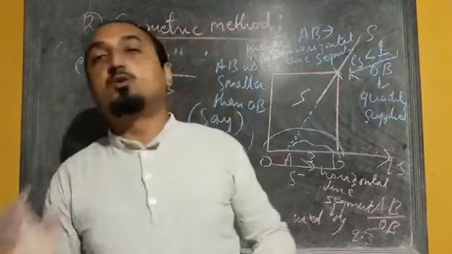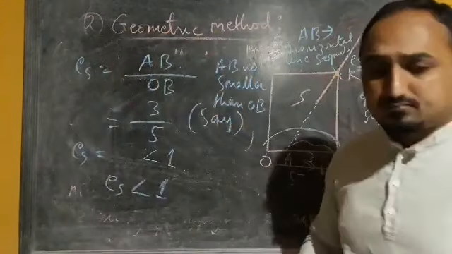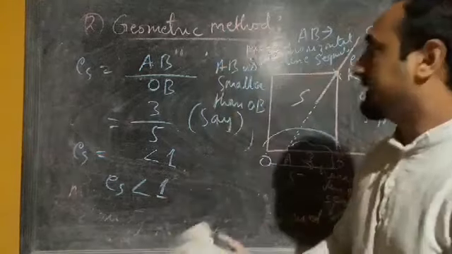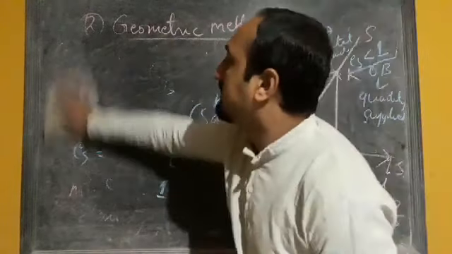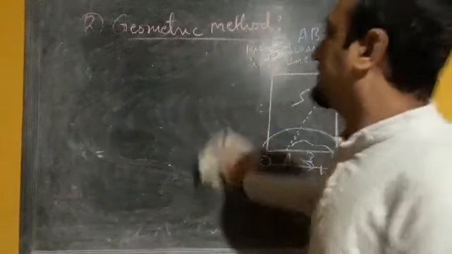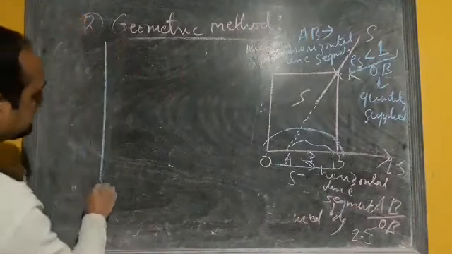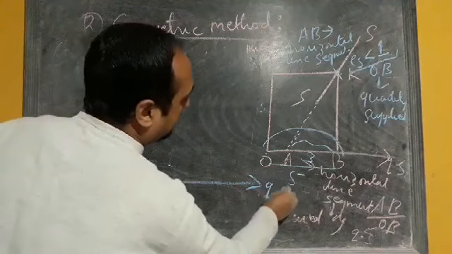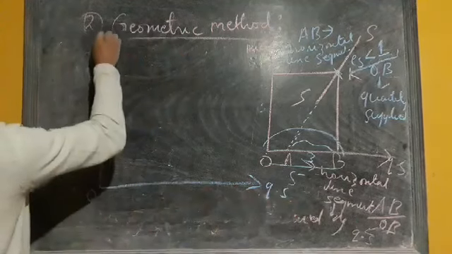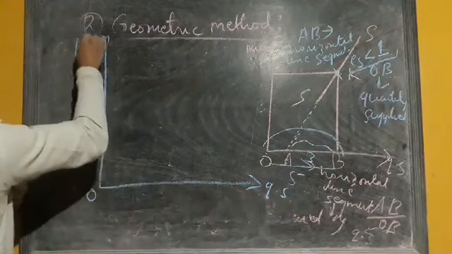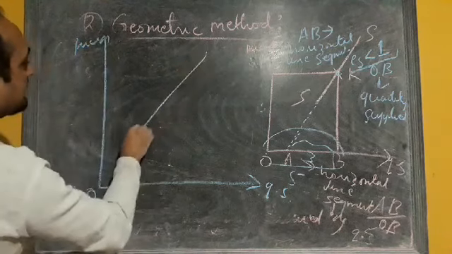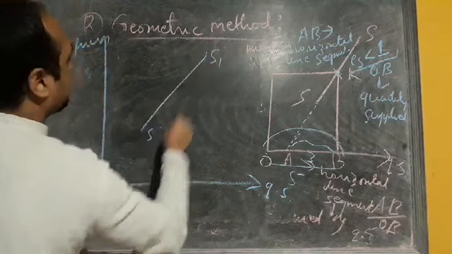Similarly, we can do it for another supply curve, if the supply curve is passing through the origin. Let's take another supply curve. Here we have quantity supplied and price. Suppose this is another supply curve S1.